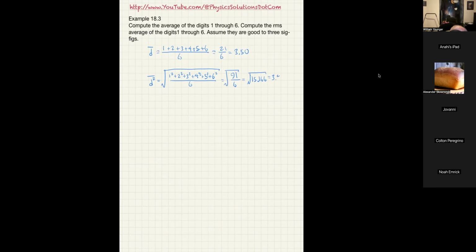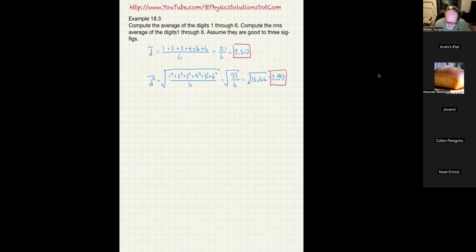When I take that square root, this gives me 3.89. Well, it doesn't give me meters per second because these weren't given as meters per second. But if it was a velocity, it'd be given as meters per second. Anybody have any questions here?